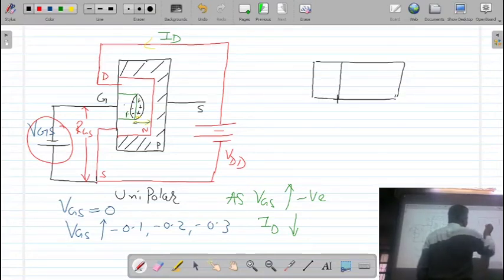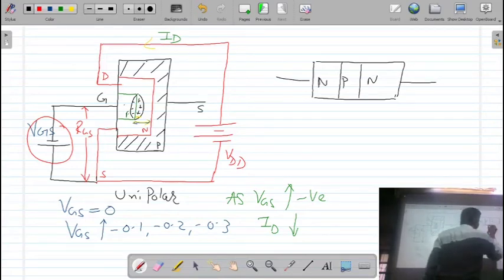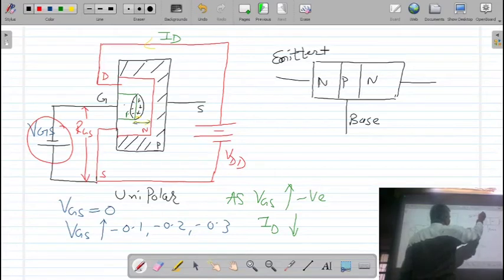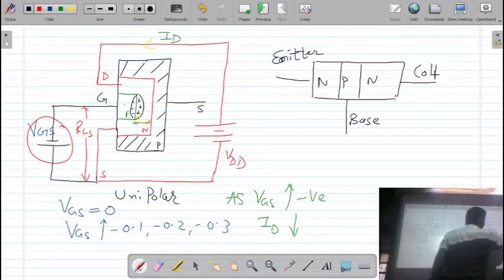In this, P-type material is sandwiched between two N-type materials. The middle terminal is known as the base. One side of the base is known as the emitter, and the other side is known as the collector.